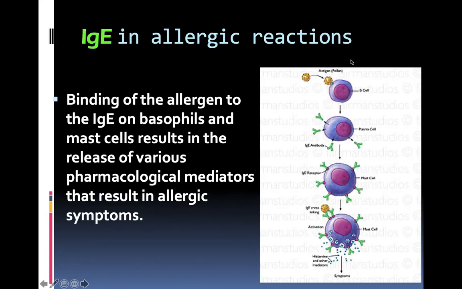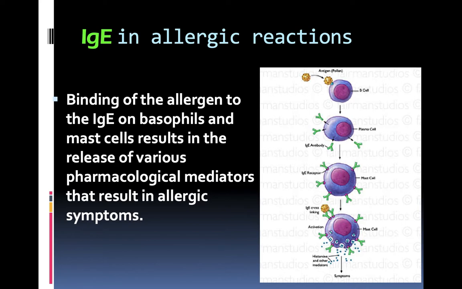In allergic reactions, histamine is actually involved, or IgE is involved in allergic reactions. Once there's binding of allergen to the IgE on basophils and mast cells, that will result in the release of various pharmacological mediators like histamine, and those substances mediate allergic symptoms.